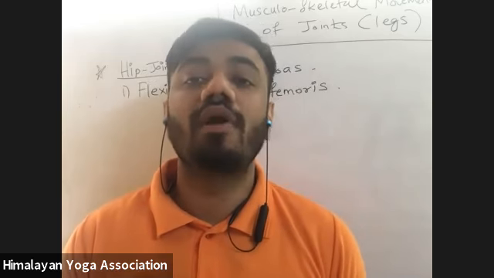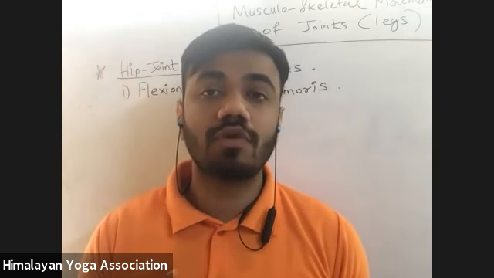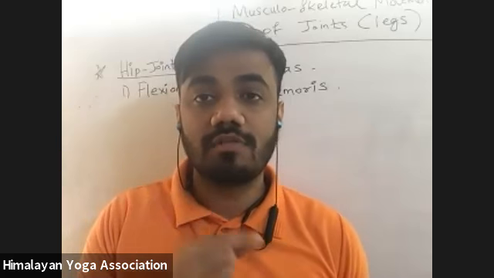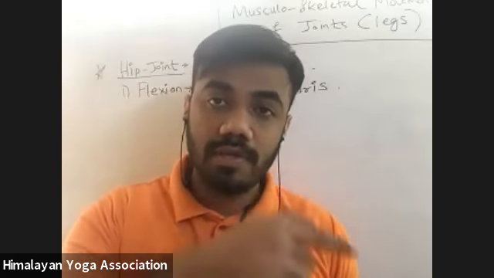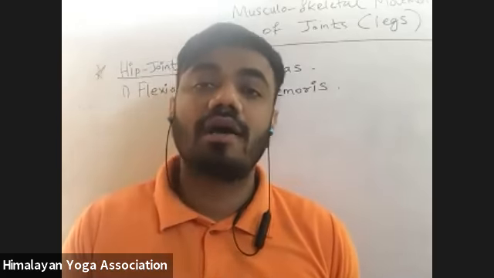The bones in the appendicular skeletal system we can move easily, but the bones in the axial skeletal system, like head, neck, ribs, and spine, are stationary. The bones in the appendicular skeletal system are connected to the muscles with the help of tendons, and they are the moving part, not the stationary part. So this is the point of insertion.